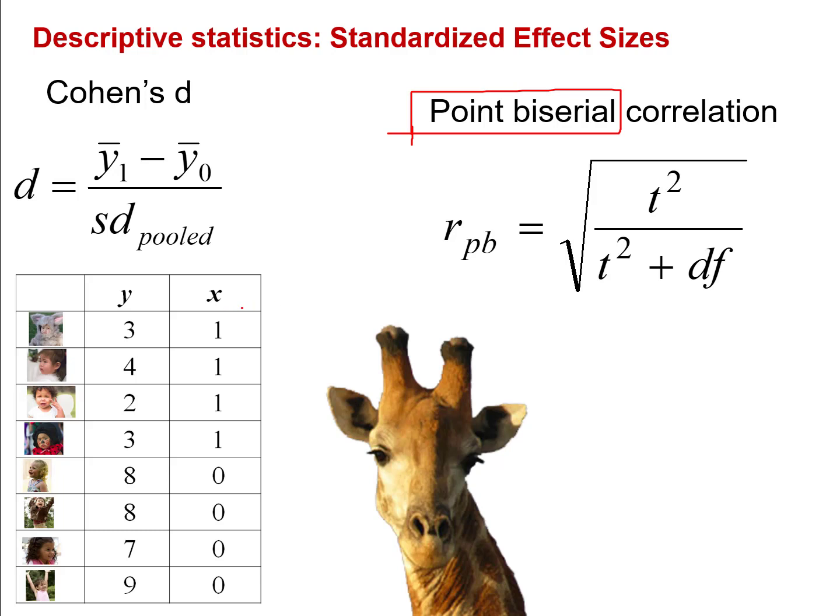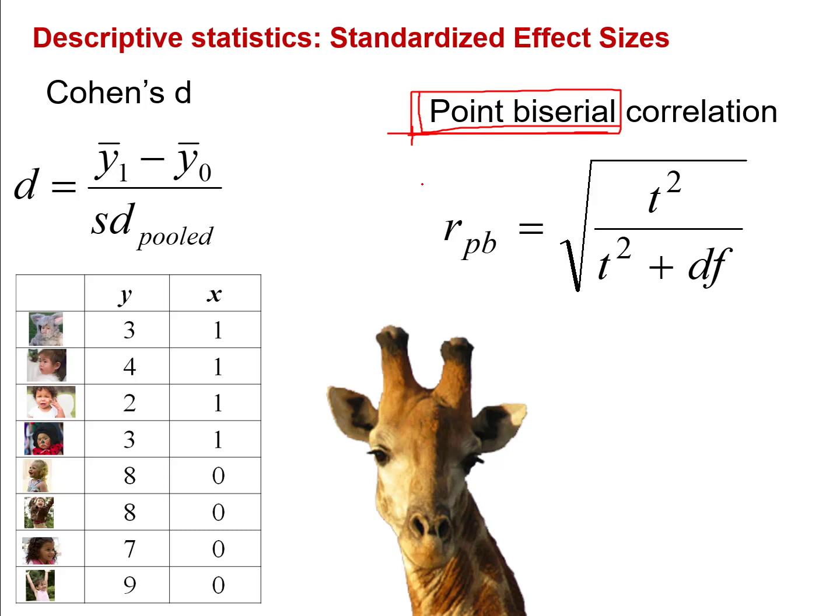If we were calculating correlations by hand, there actually are some shortcuts we could use for a point biserial correlation, but otherwise there's no difference and it really doesn't mean much. So point biserial is just a special name we give to a correlation where one variable is dichotomous.